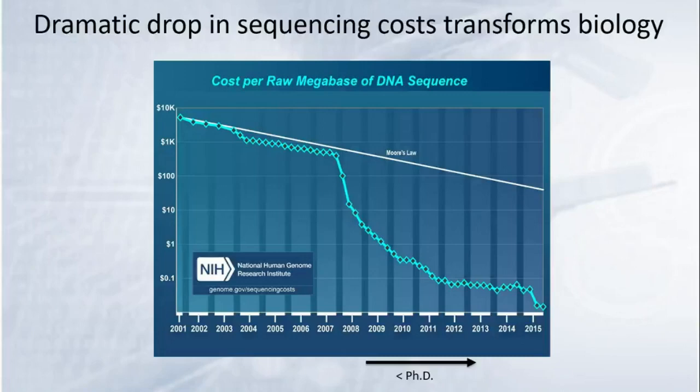You can see that there's a period of time around 2007 and continuing until now where this drop in sequencing costs has been incredible. The consequence is that a class like this, or workshop like this, or an experience like this is made possible inside of a standard curriculum.